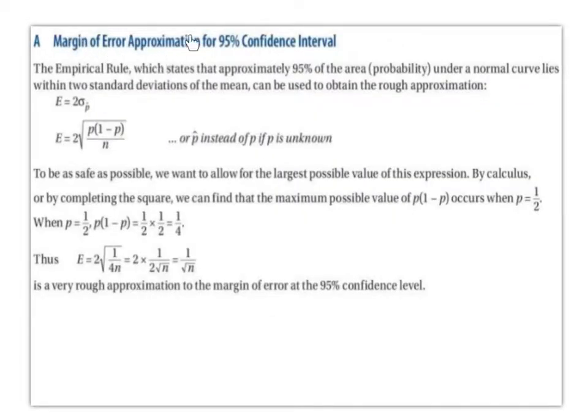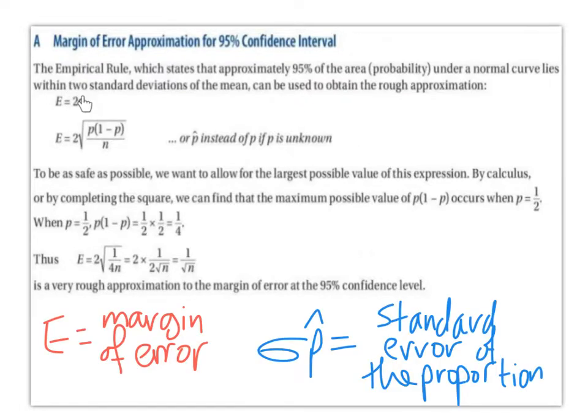Margin of error approximation for a 95% confidence interval. The empirical rule, which states that approximately 95% of the area, or probability, under a normal curve lies within 2 standard deviations of the mean, can be used to obtain a rough approximation. So E, the margin of error, is equal to twice the standard error of the proportion.